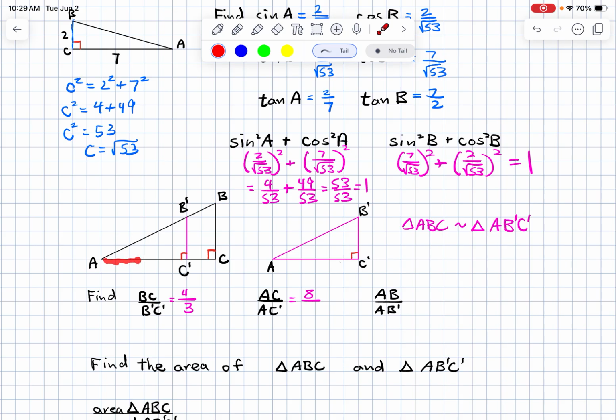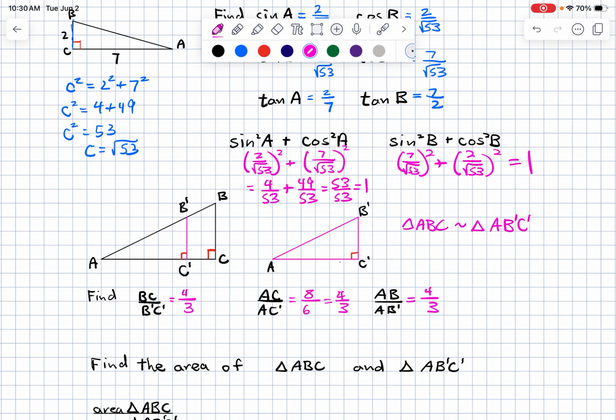Yeah, 6. Which reduces to 4/3. Now, if you have AB over AB prime, because these are similar triangles, you know that this is going to be 4 over 3. You could compute this if you wanted to.